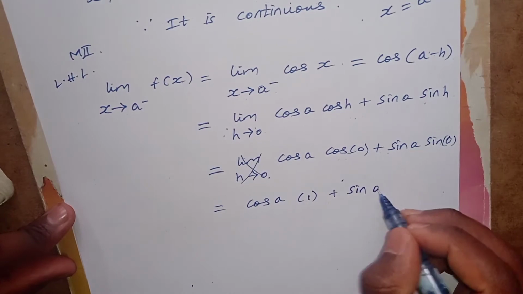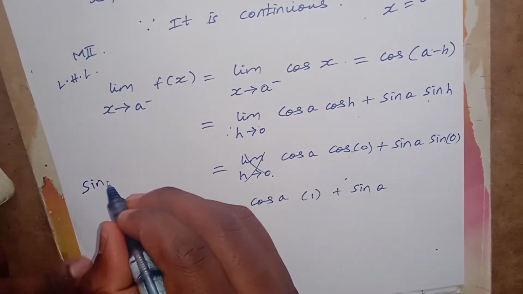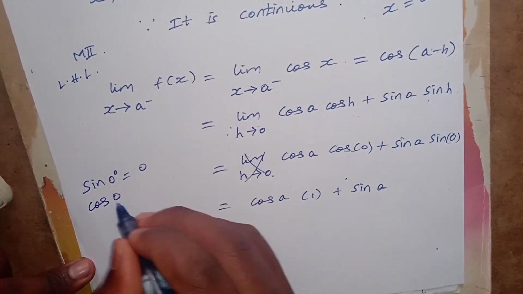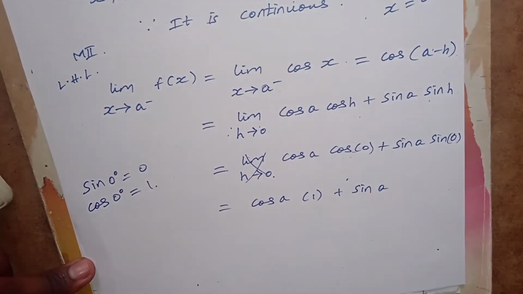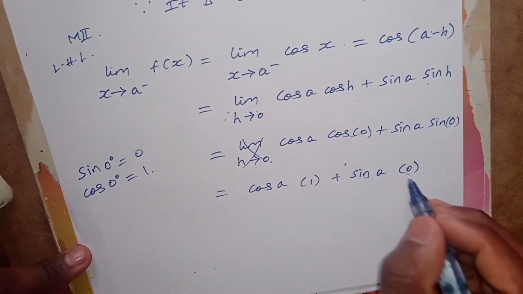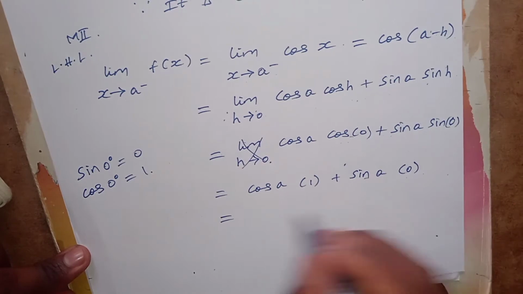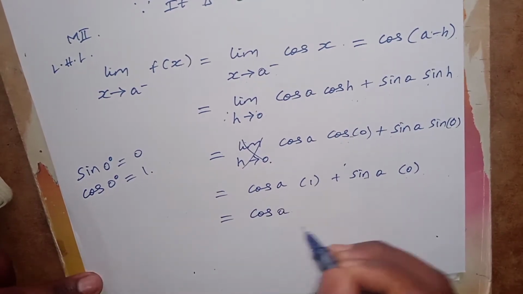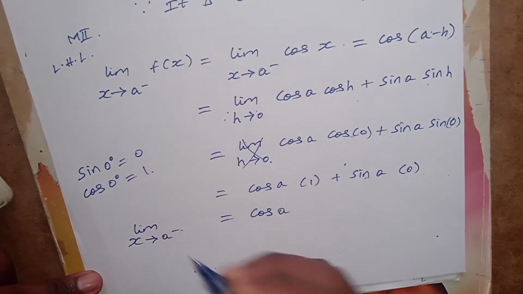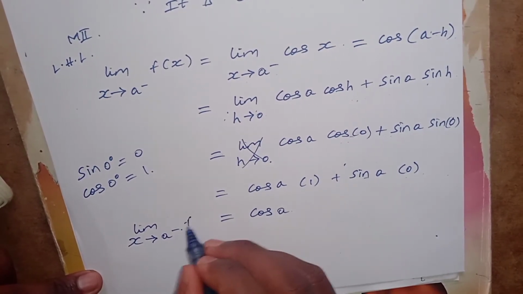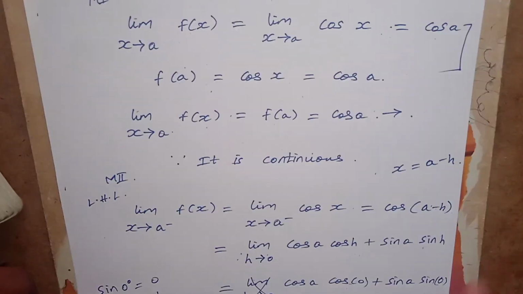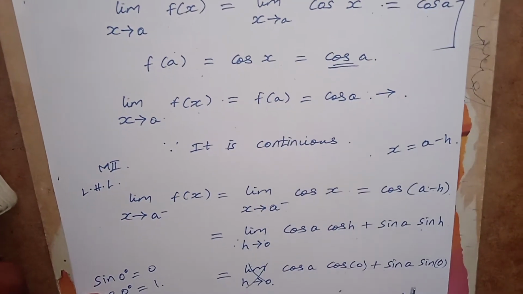Sin 0 is 0, cos 0 is 1. Zero into anything is 0, therefore cos a. Limit x tends to a minus, f of x is equal to cos a. Similarly, the right hand limit gives the same answer, cos a.